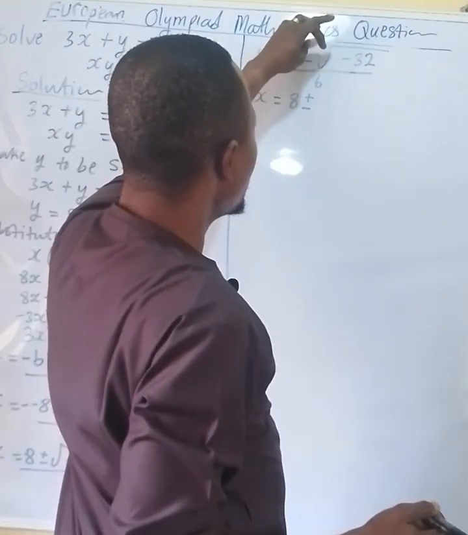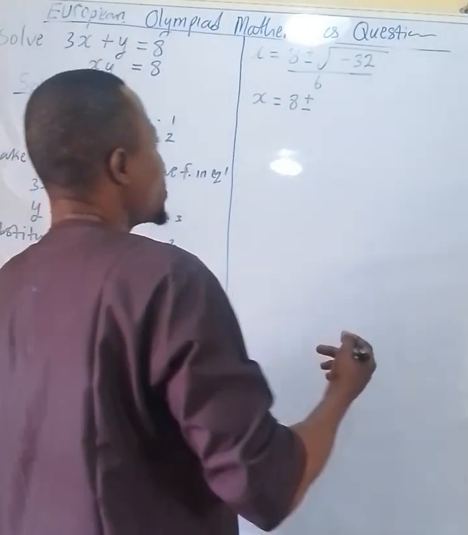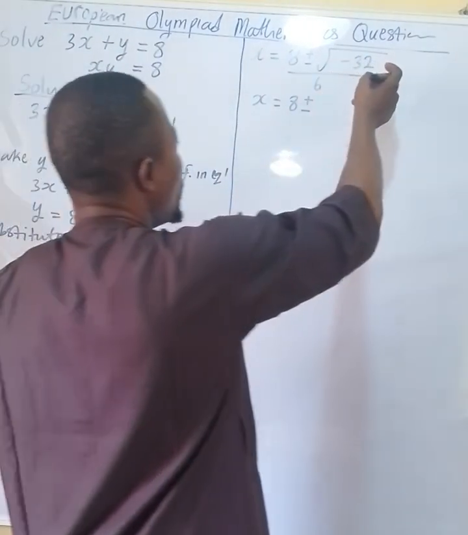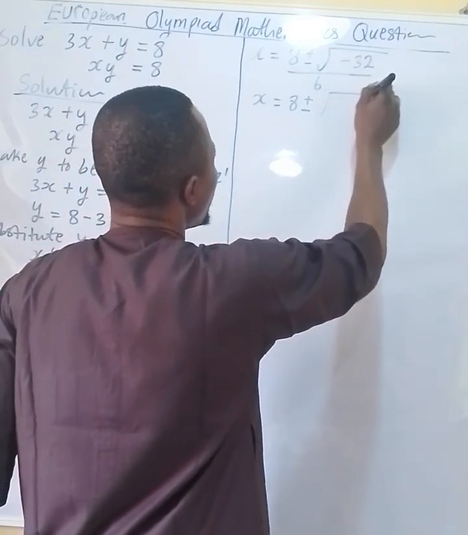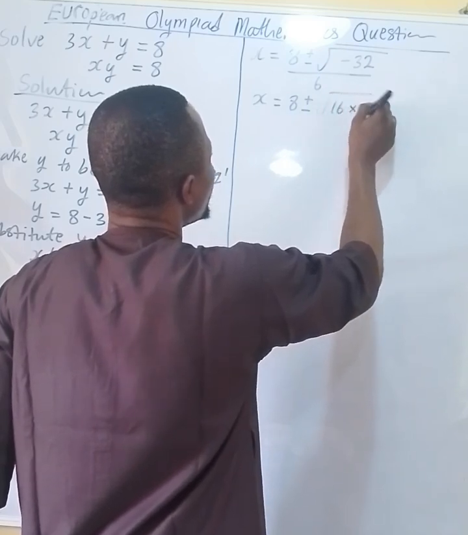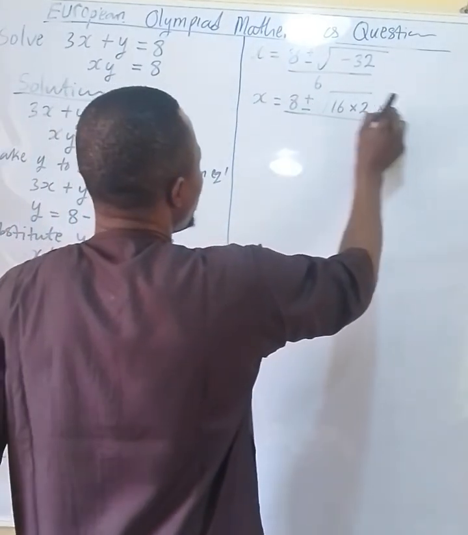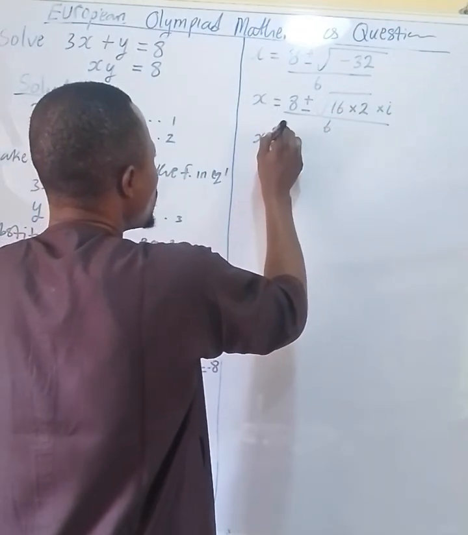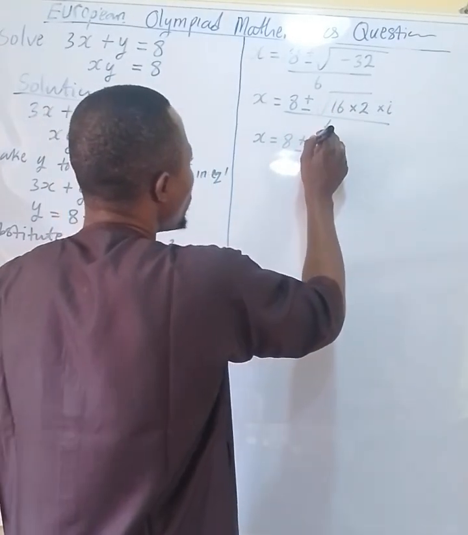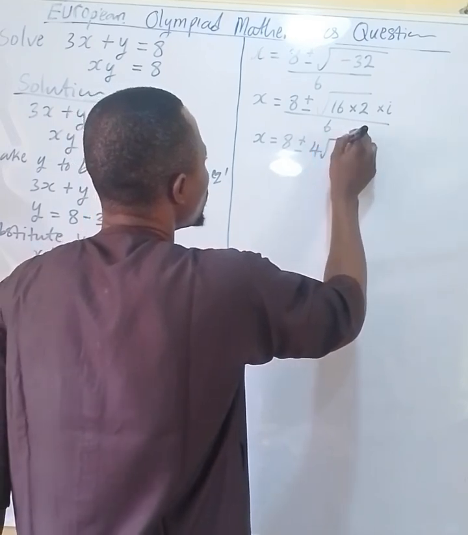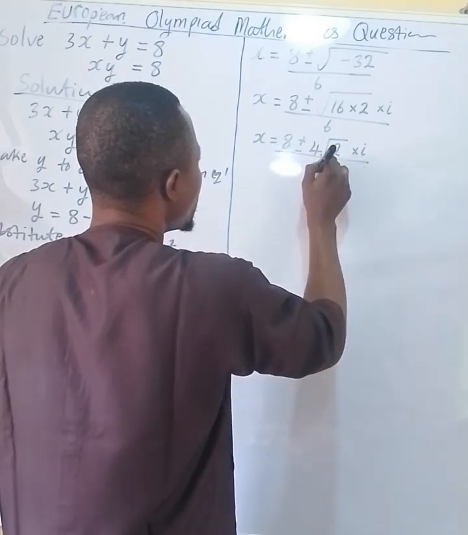Now when you have a minus inside your square root like this, you introduce what we call the imaginary number, which is i. So we make it the square root of 16 times 2, times i, everything over 6. x equals 8 plus or minus the square root of 16, which gives us 4, times root 2 times i, all over 6.